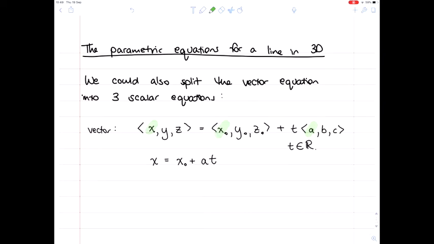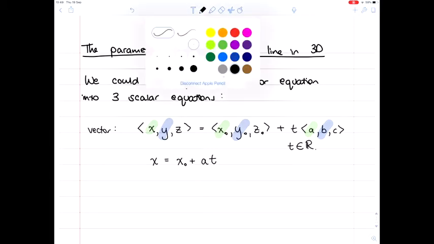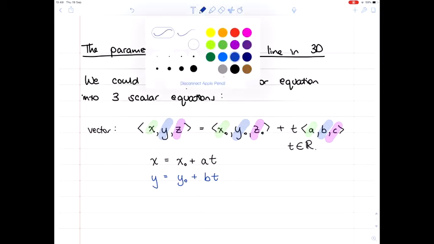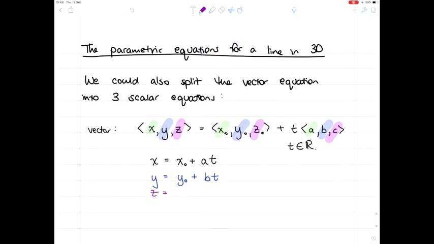Then we look for the y component, and we end up with y is equal to y naught plus bt. Finally we look for our z component, and that gives us z is equal to z naught plus ct.